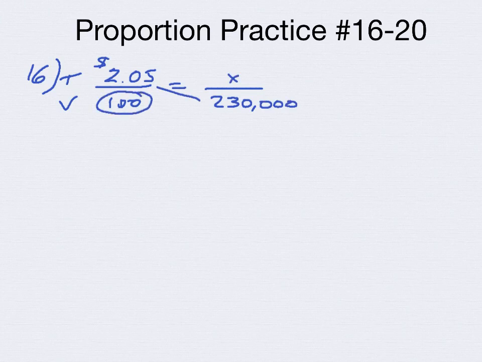So 230,000, multiply that by $2.05, divide it by 100, use your calculator, and you will get 55.96. That's the tax you're expected to pay on a $230,000 home.